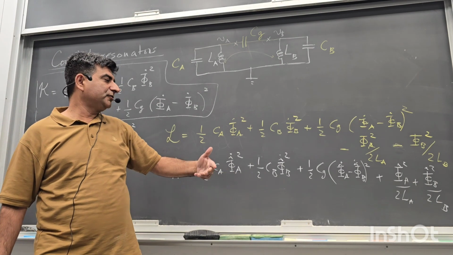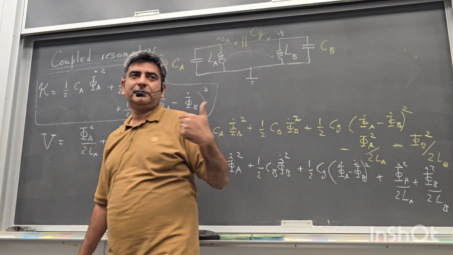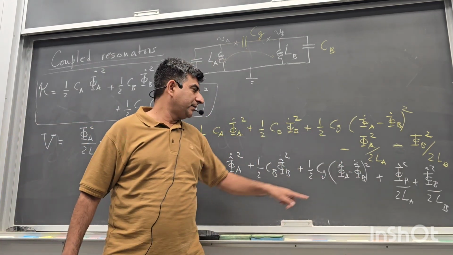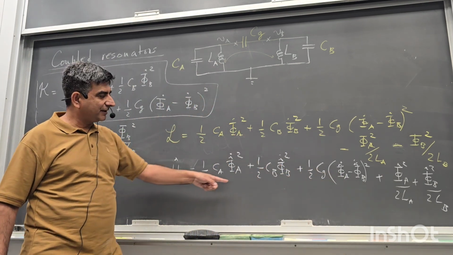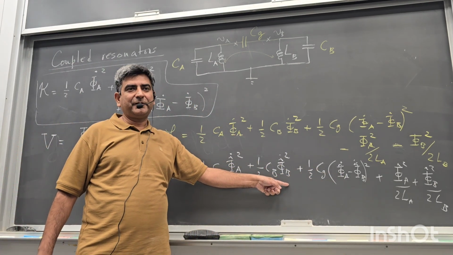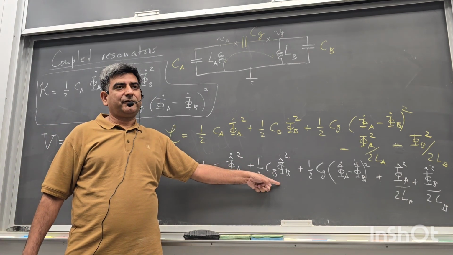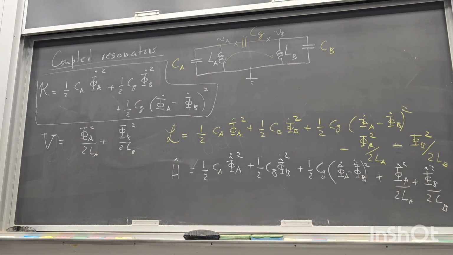But our variables of interest are the fluxes and the charges. The problem here is that I do have the fluxes in these two terms, but here I've expressed everything as voltages, which are rates of change of fluxes. So I would like to convert these rates of change of flux back to charge, so that I can express my Hamiltonian in terms of conjugate variables.